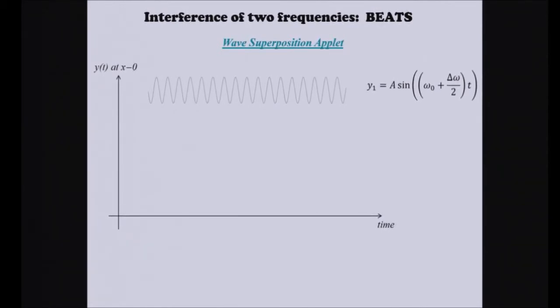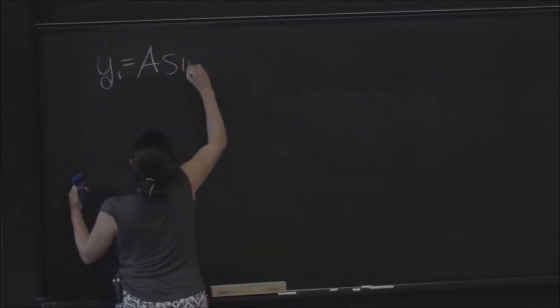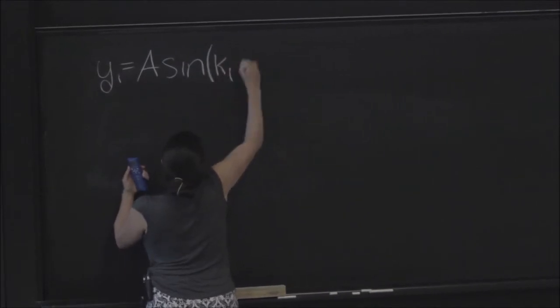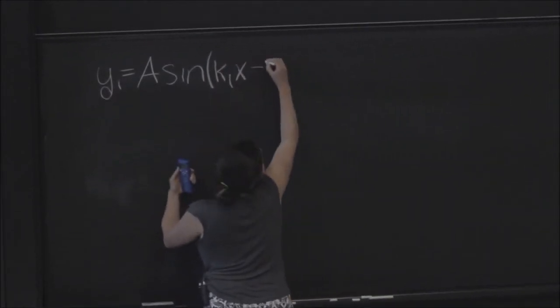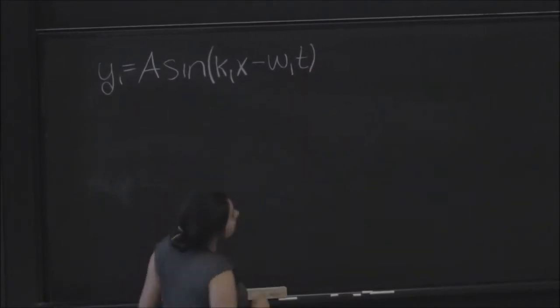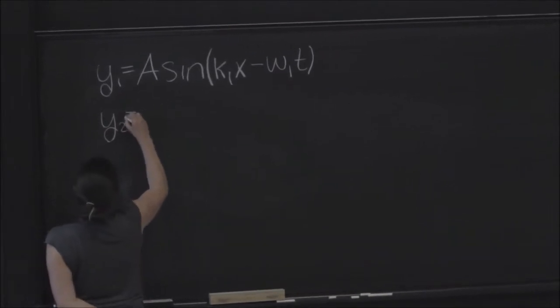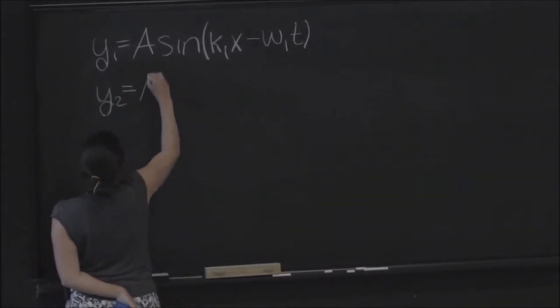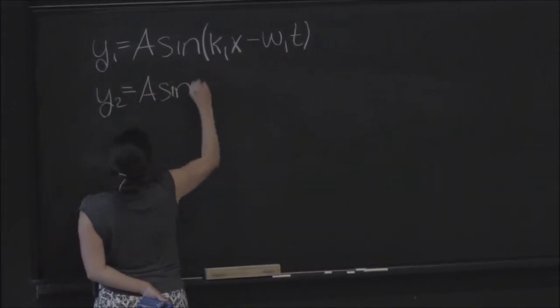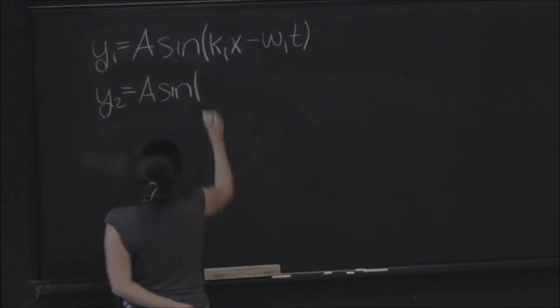Our first one, y1, is going to be a sine of k1x minus omega 1t. And we're going to have another wave, y2, and it's going to have a slightly different frequency. So if it has a different frequency, it's going to have a different wave number.